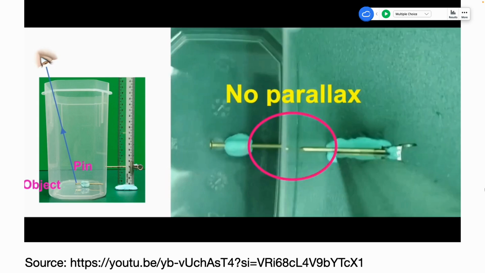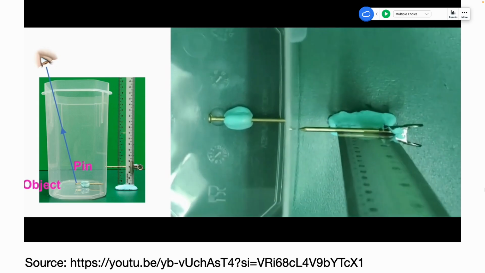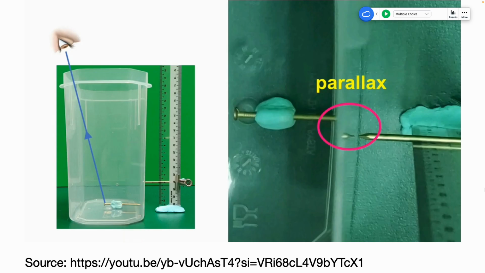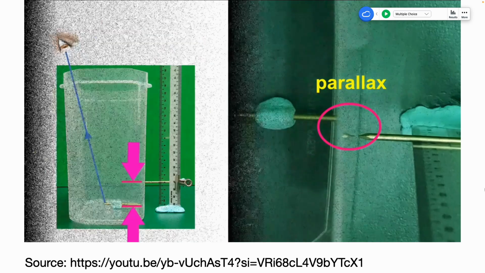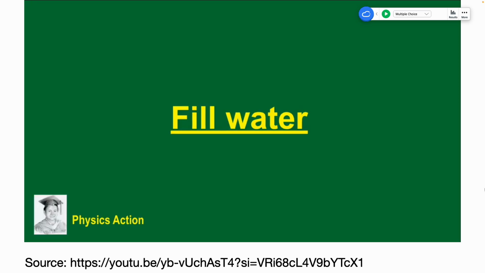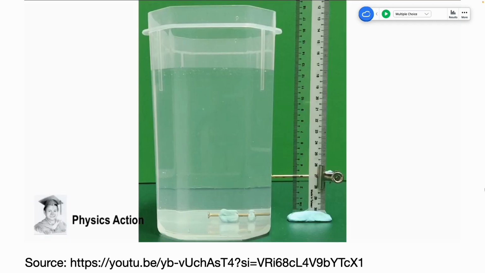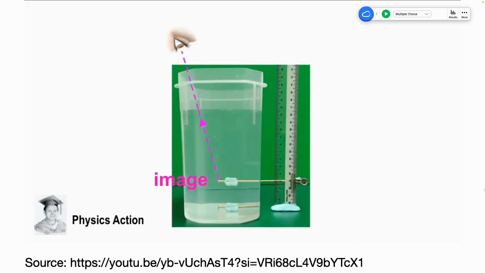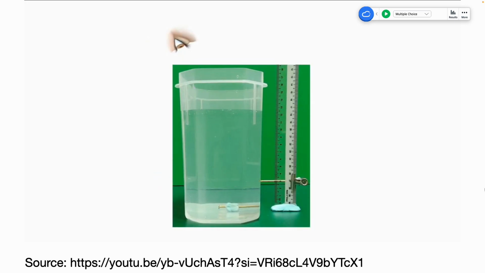When you look straight from the top, you cannot tell which one is closer, but the way you can tell the distance is different is by looking a little bit away, and you can see the nails no longer in line. So now, if you fill the water, it will change the path of the light and change where your eyeball thinks the image or the light is coming from.